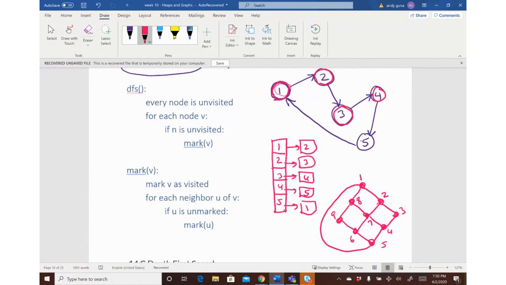So basically what you can do is you can say, okay, we're going to take the node 1 and see where we can go. And you can choose any place to go. Let's assume that these are directed edges, so there's less confusion.